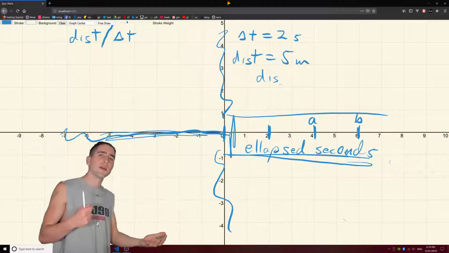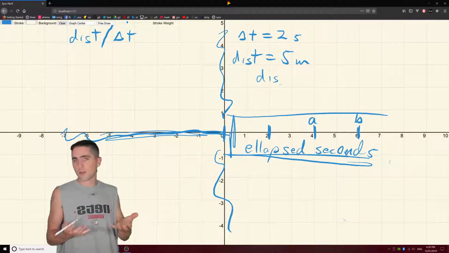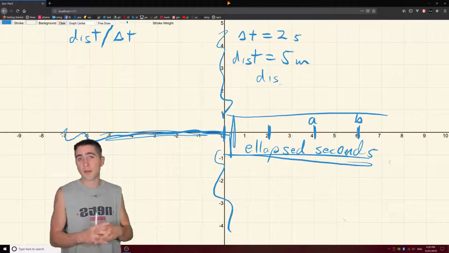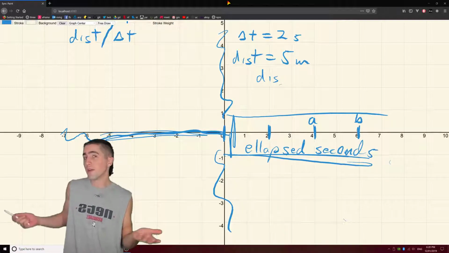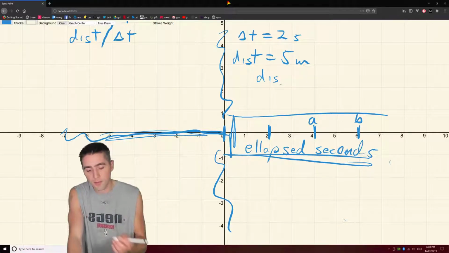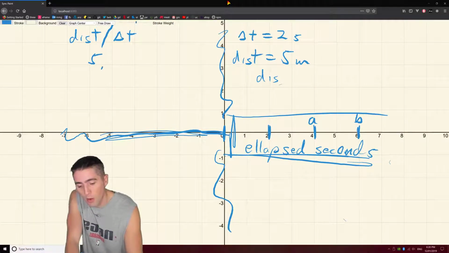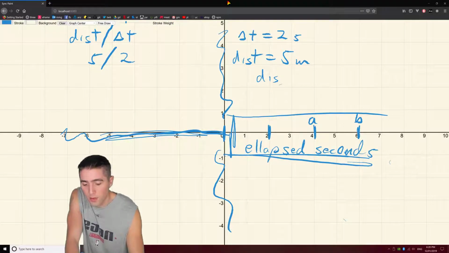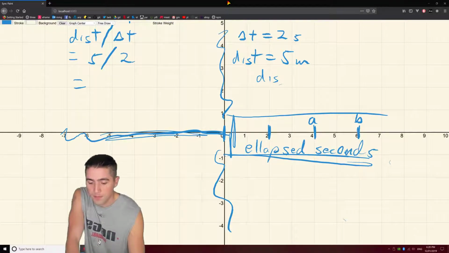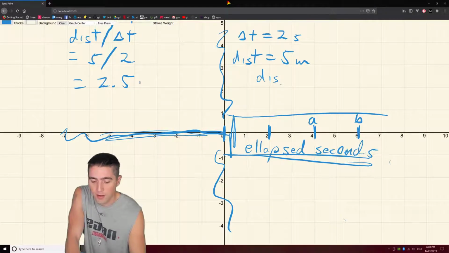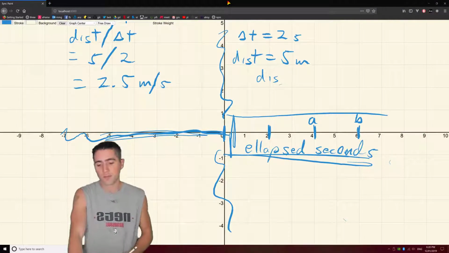If it took 2 seconds to travel 5 meters, then in 1 second you travel 2.5 meters. It makes sense. Okay, so 5 over 2 equals 2.5 meters per second.